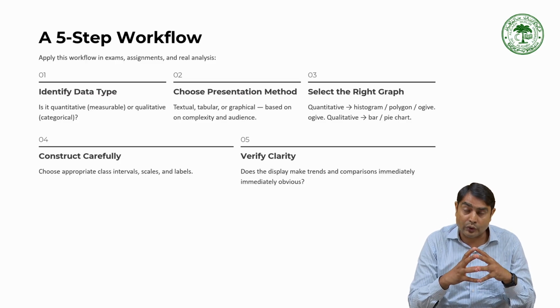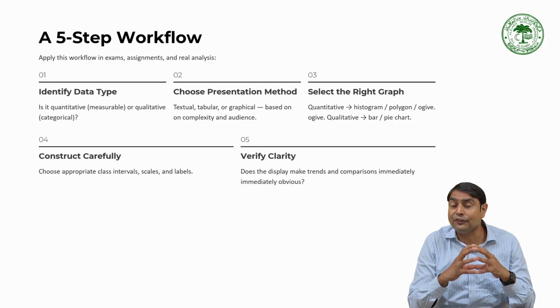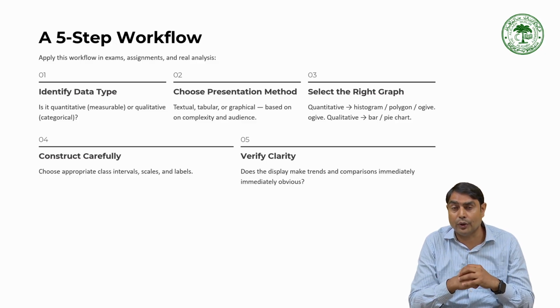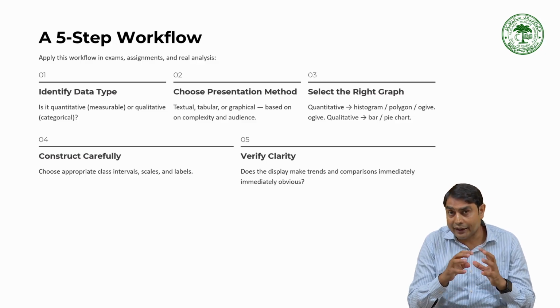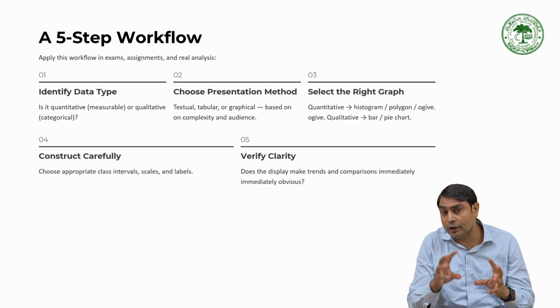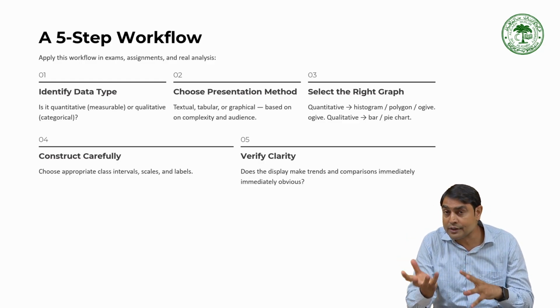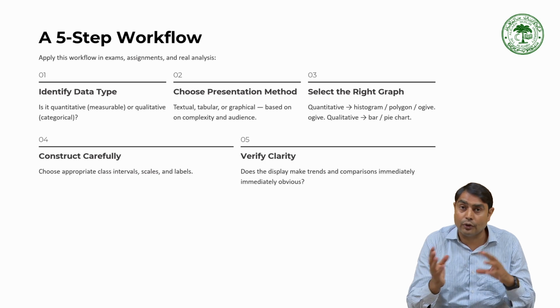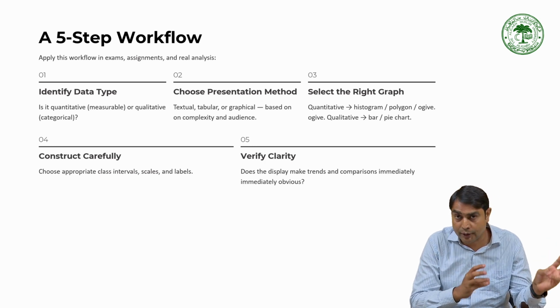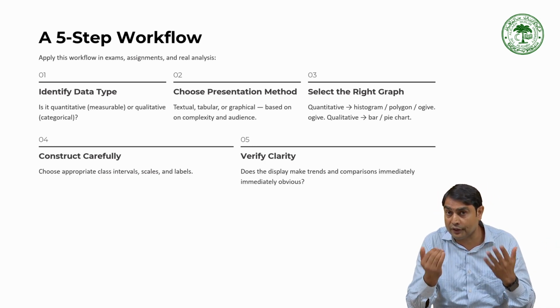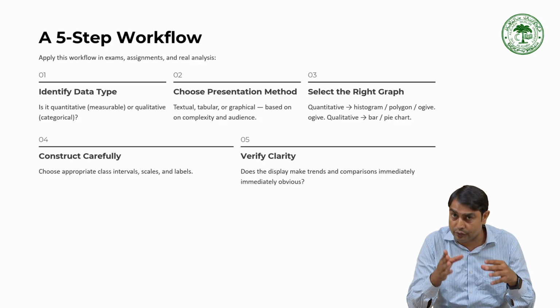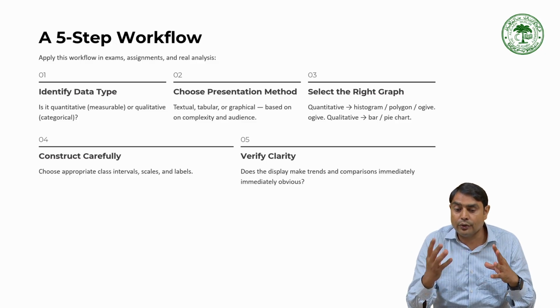So if you are dealing with presentation, first of all, you need to identify what type of data you are having, and then on the basis of that data, you are going to choose the presentation method. For continuous data, you are going to use a different method. For categorical data, you are going to use a different method. For smaller data, you have to use a different method. For a large data set, you have to use a different method. So you have different methods of presentation.